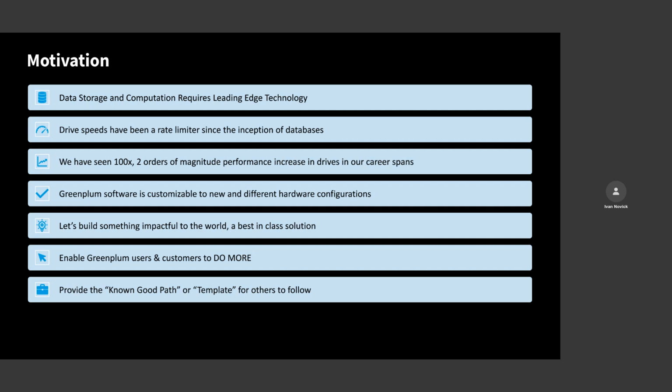But essentially, the question here is, what's the motivation for us coming together and partnering on this solution? And looking at the key points behind this project, the customers and the enterprises out there today are doing more and more with data on a daily and annual basis.